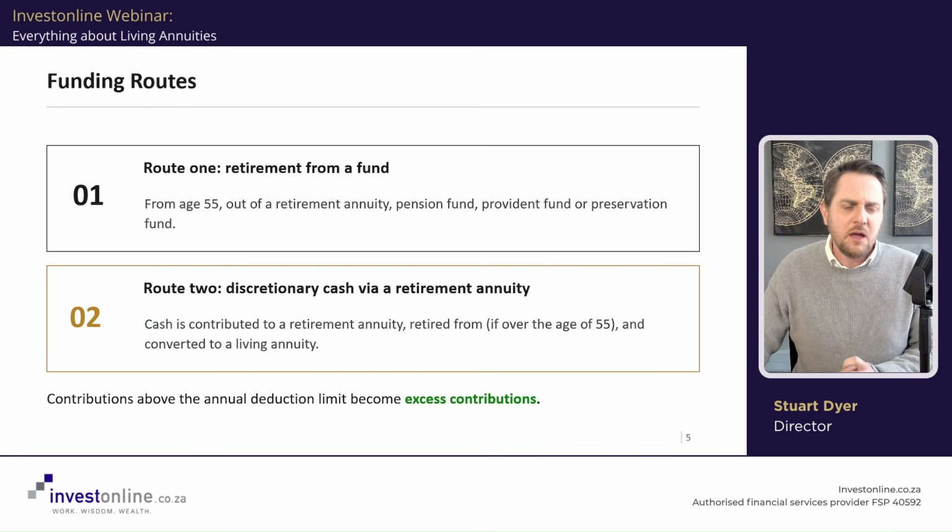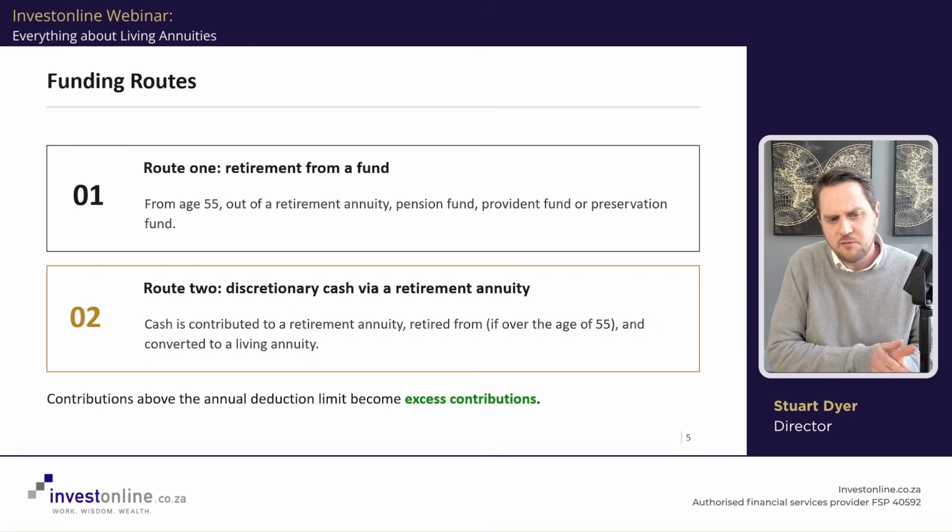And then we're not going to talk too much income tax in this webinar. We do have other webinars where we cover income tax in a lot more detail, including next month's webinar. But how it works, and you may be aware, is you can claim your contributions to a retirement fund as an income tax deduction against your tax in that year, up to a certain threshold. That threshold is 27.5% of your annual income, to a maximum of 430,000 Rand a year, which is the new maximum that they introduced this year.